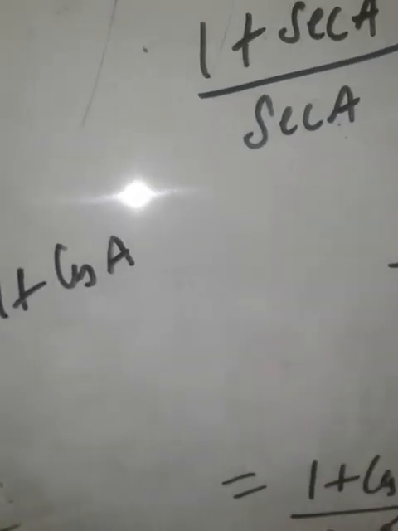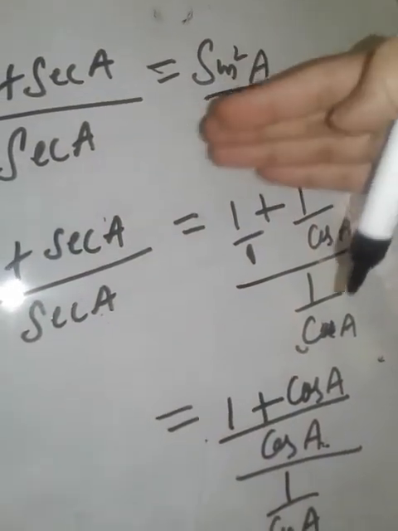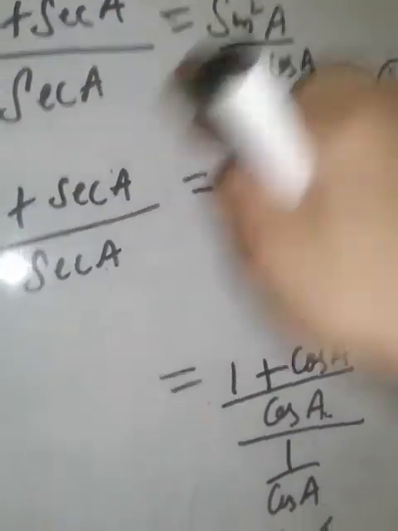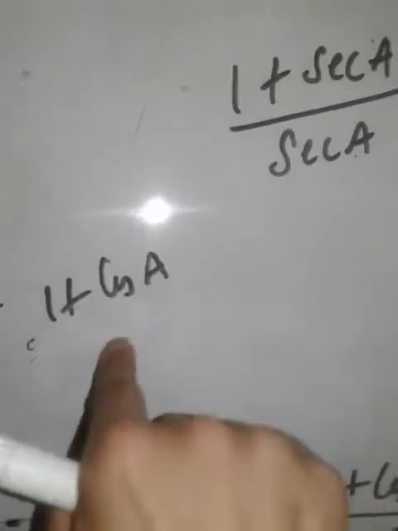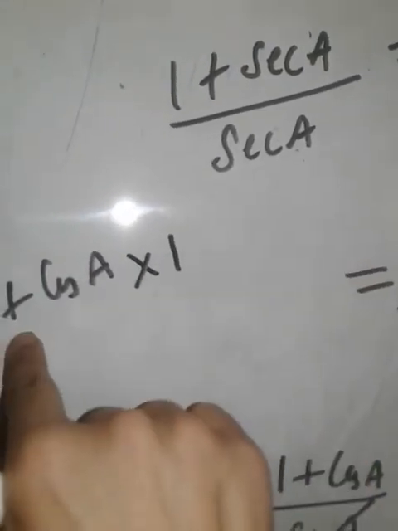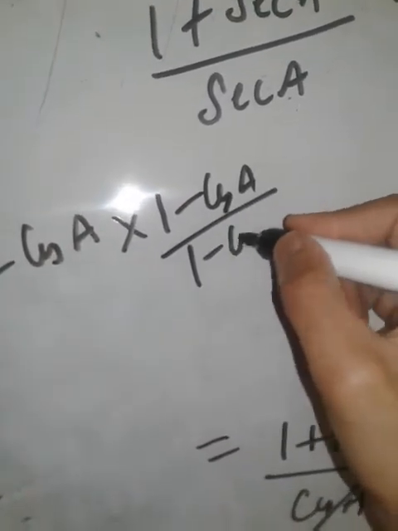But we are supposed to prove this part should be equal to this, but we are left only with this. So we rationalize it. We will multiply it by the opposite sign: 1 minus cos a divided by 1 minus cos a.